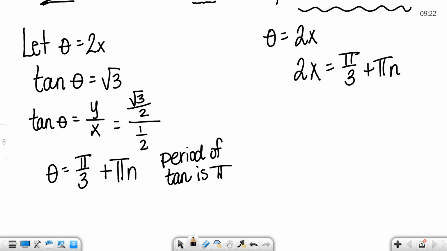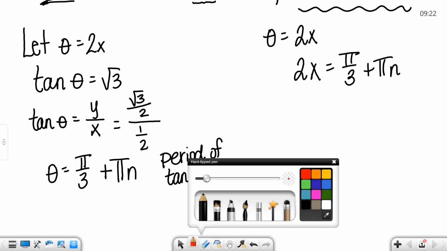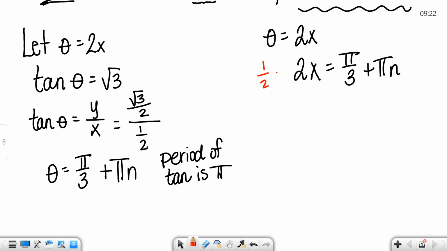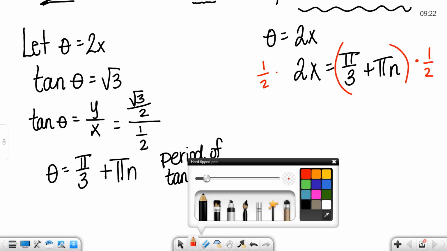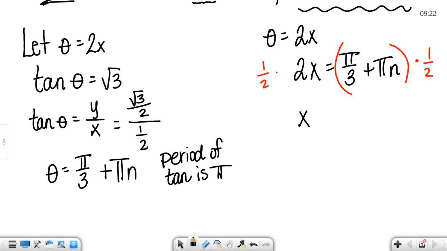Our goal here was to solve for the variable, so we've got to get x alone. So I'm going to multiply both sides by 1/2, same thing as dividing by 2. So that leaves me with x is equal to pi over 6 plus pi n divided by 2. Everything gets multiplied by 1/2.